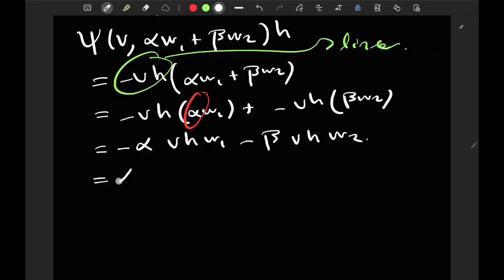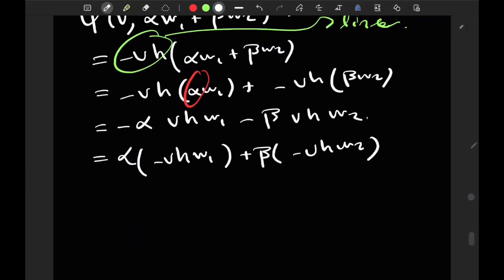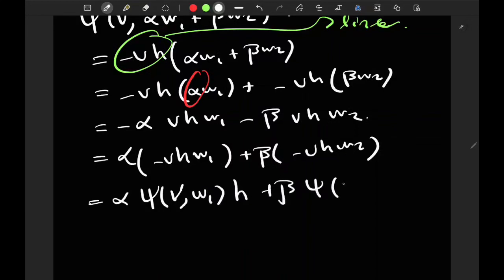So let's say this is alpha times minus v h w1 plus beta times minus v h w2, and this is just alpha psi of v w1 applied to h plus beta psi of v w2 applied to h.